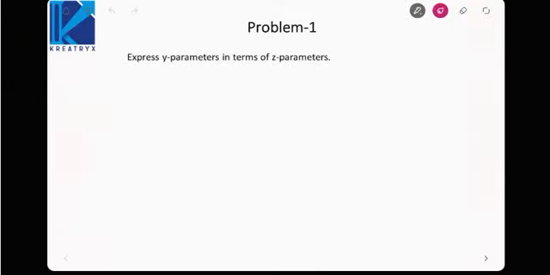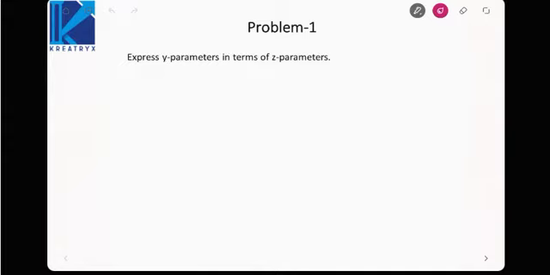Hi guys, in the last lecture we studied the parameters of the two-port network. So we saw various kinds of parameters like Z parameter, Y parameter, H parameter, G parameter and transmission parameter. In this lecture we will look at a few problems based on these parameters. The first problem asks us to express Y parameters in terms of Z parameters.